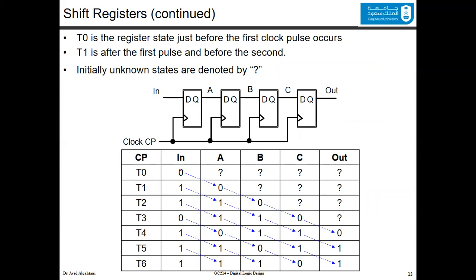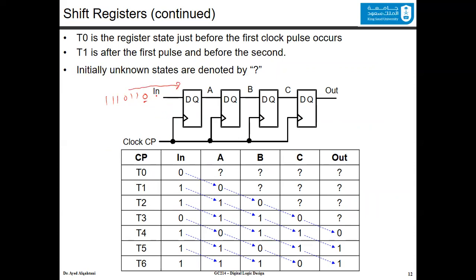At the beginning, we want the input serially as 0, 1, 1, 0, 1, 1, 1, and they will be shifted in this direction to the right.